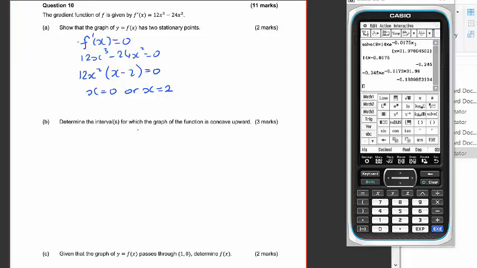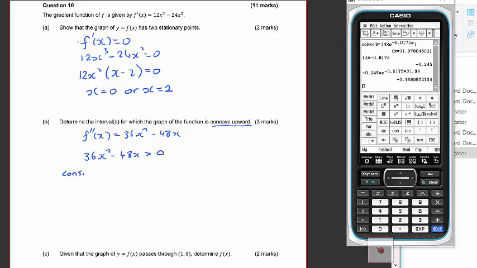Determine the intervals for which the graph of the function is concave up. So we could use the second derivative here. And of course that's going to be 36x squared minus 48x. Now to be concave up, we need the second derivative to be positive. So 36x squared minus 48x, we need that to be positive.